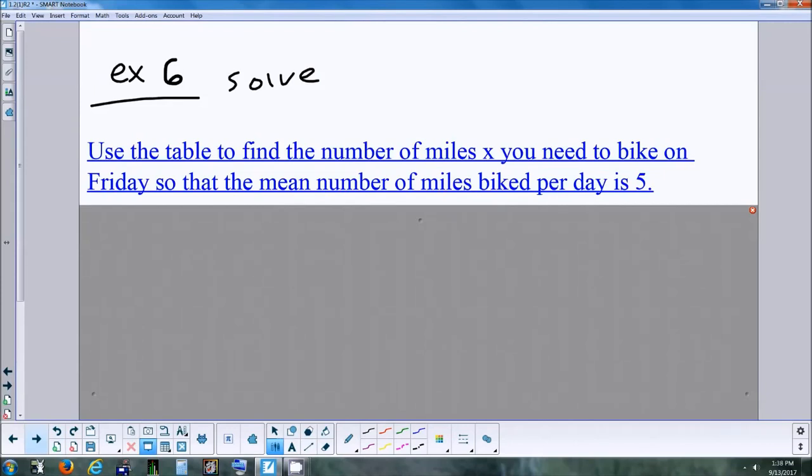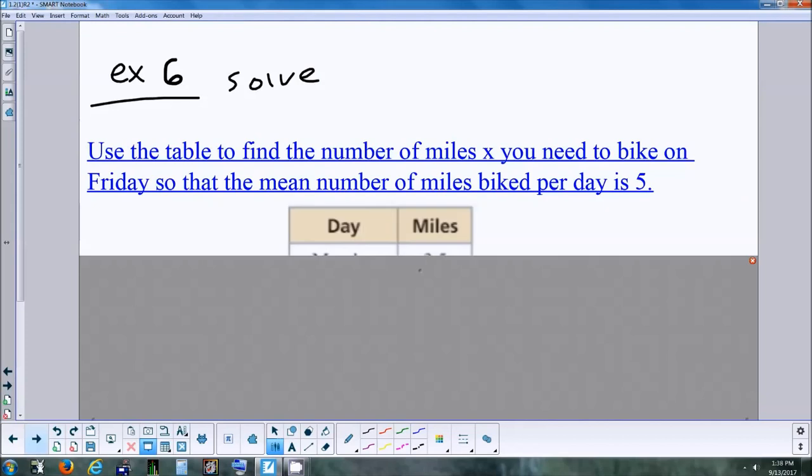What we're going to do is kind of work backwards. It's like if I said to you, you got a 70 on the first test, you got a 75 on the second test, what would you have to get on the third test to make sure you have at least a 76 average for the term? That's what we're going to figure out here.